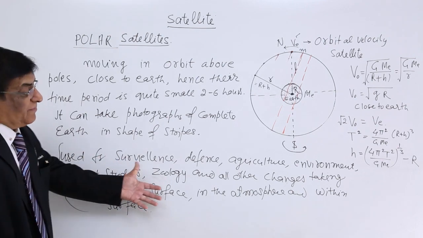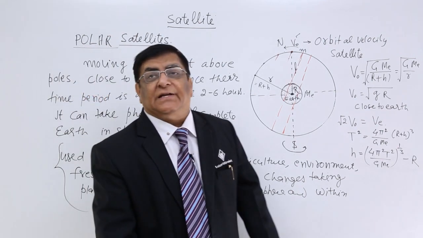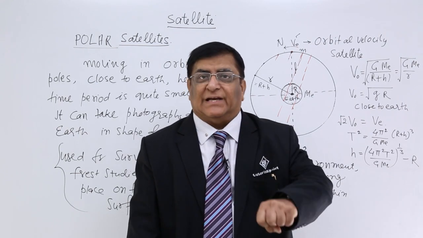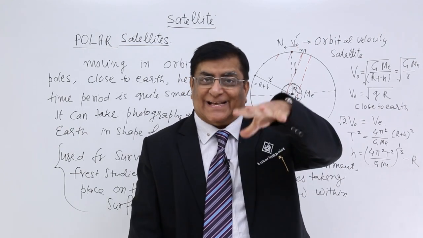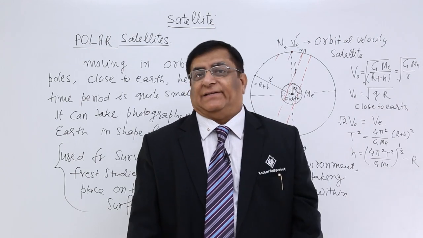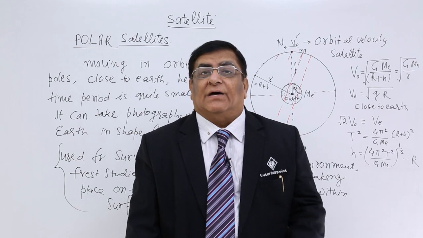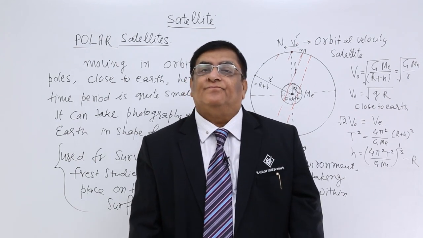The uses are tremendous. If there are uranium deposits somewhere inside the surface, it can sense it. It has a sensor like that. All over the Earth, it can find out where the deposits of uranium are.